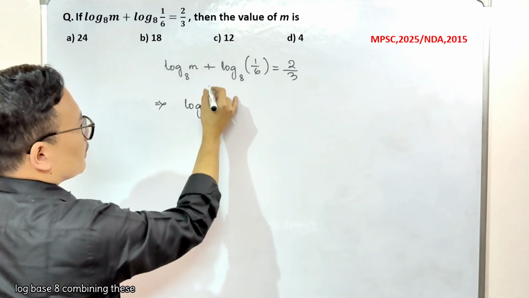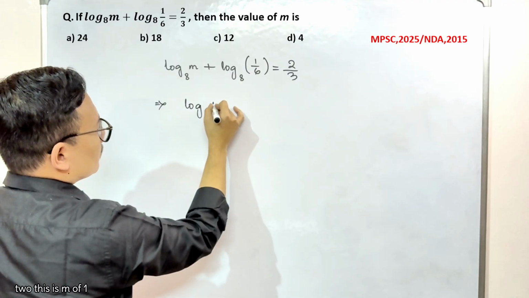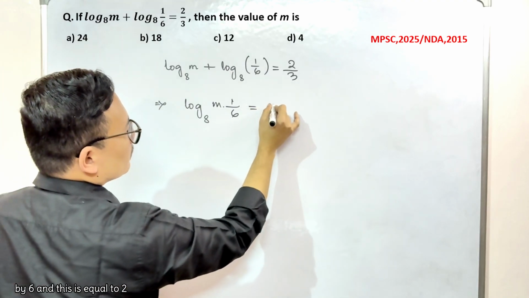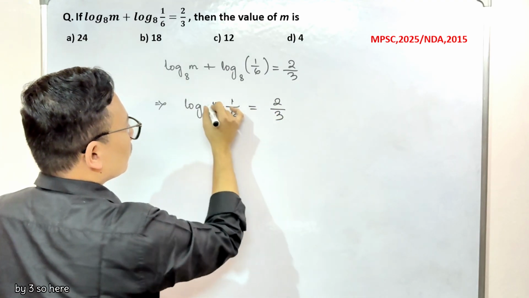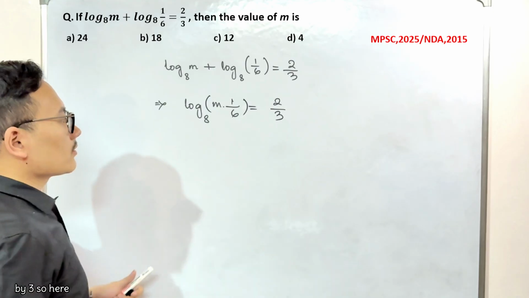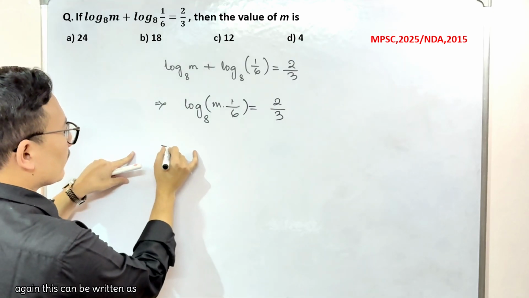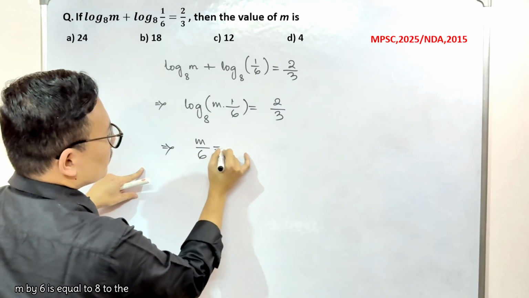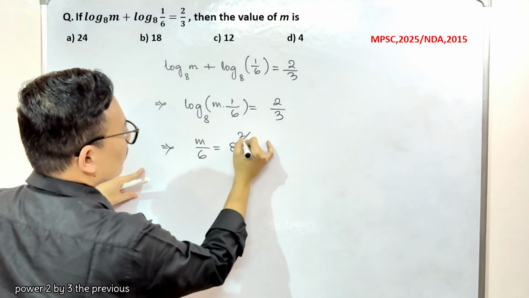Combining these two, we get log base m by 6 is equal to 2 by 3. Again, this can be written as m by 6 is equal to 8 to the power 2 by 3.